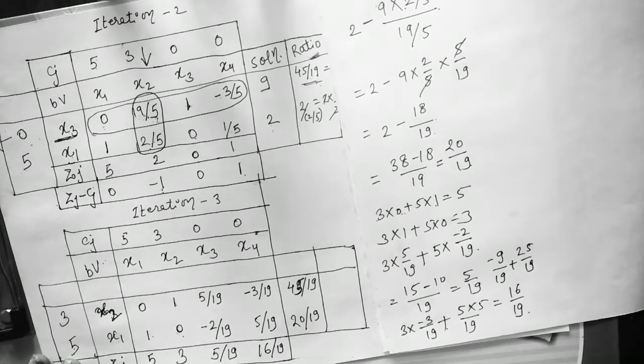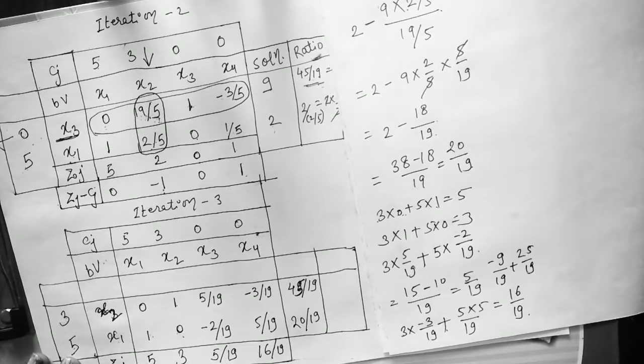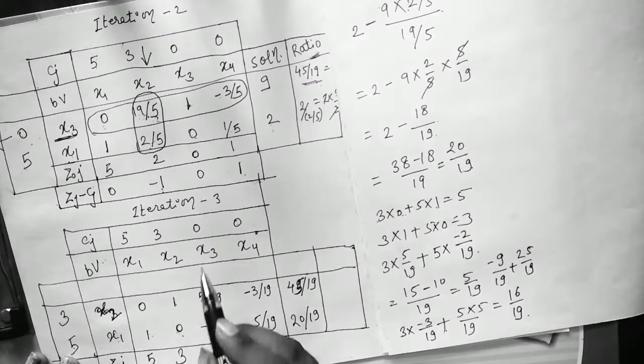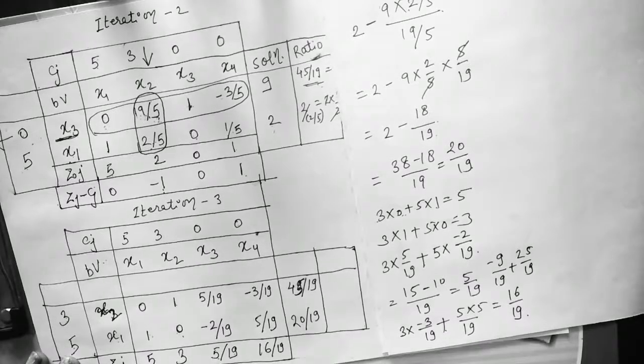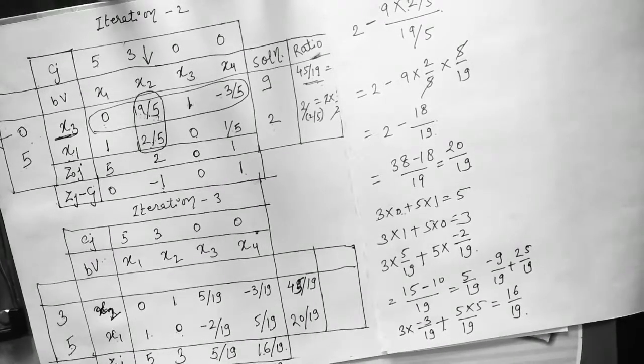Now the Zj minus Cj. This is Zj and this is Cj. So 5 minus 5 is 0. 3 minus 3 is 0. 5 by 19 minus 0 is 5 by 19. 16 by 19 minus 0 is 16 by 19.